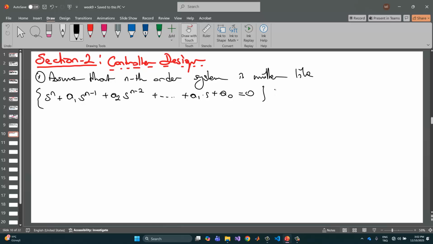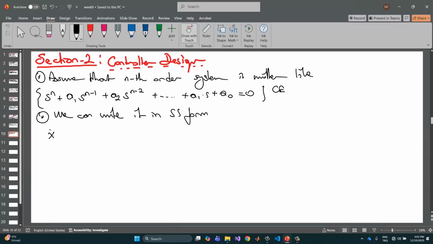This is the denominator, and also this is the characteristic equation of the system, but this is nth order, right? And so if we have this kind of system, we can write it in state space form, right?